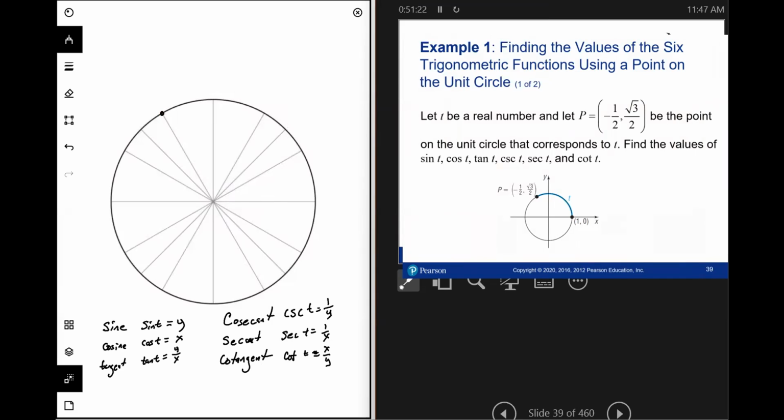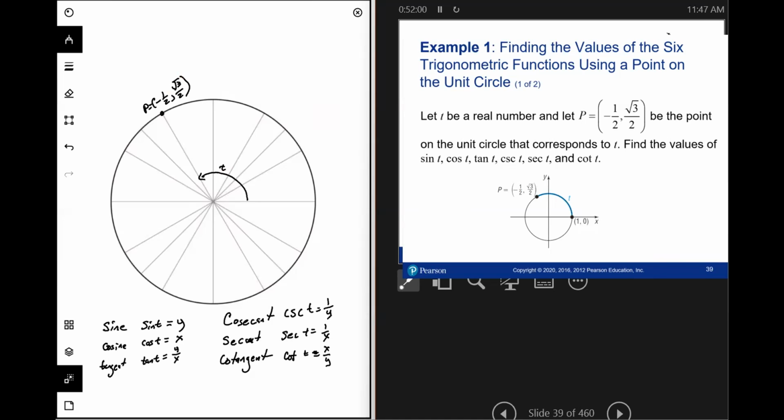So this is the point (-1/2, square root of 3 over 2). And you're asked to find the 6 trig functions for this point. And actually that would be for this angle, because that is what the t value represents.